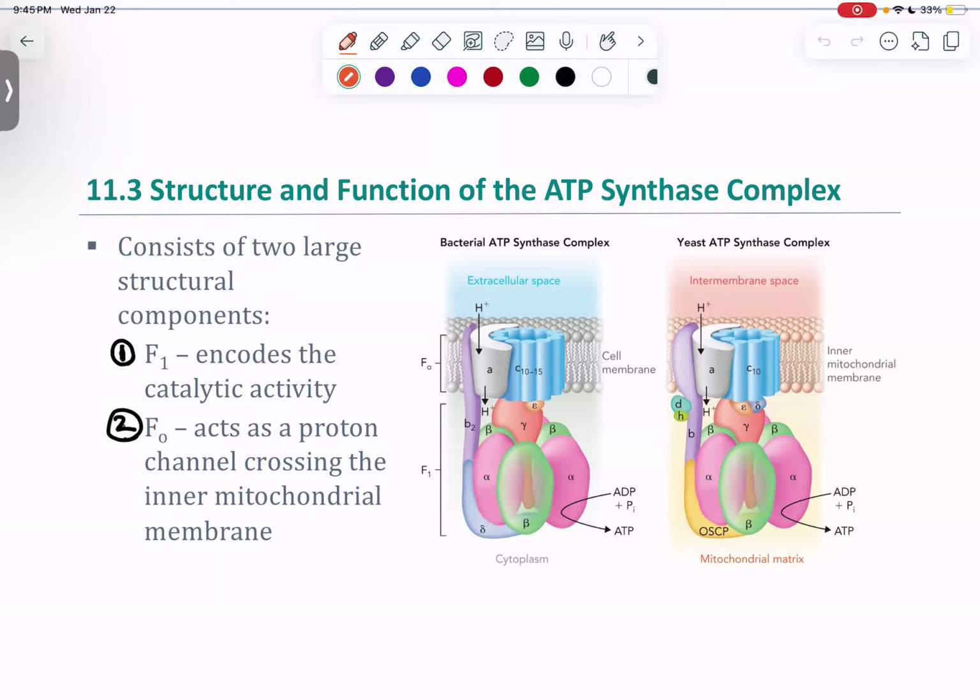So the ATP synthase complex is composed of two structural components. We call one the F1, which is down here. This is F1, so all of that stuff down there. The two images here are the bacterial ATP synthase complex and the yeast, which we use as a model of the eukaryotic, which is extremely similar to what we see in humans.